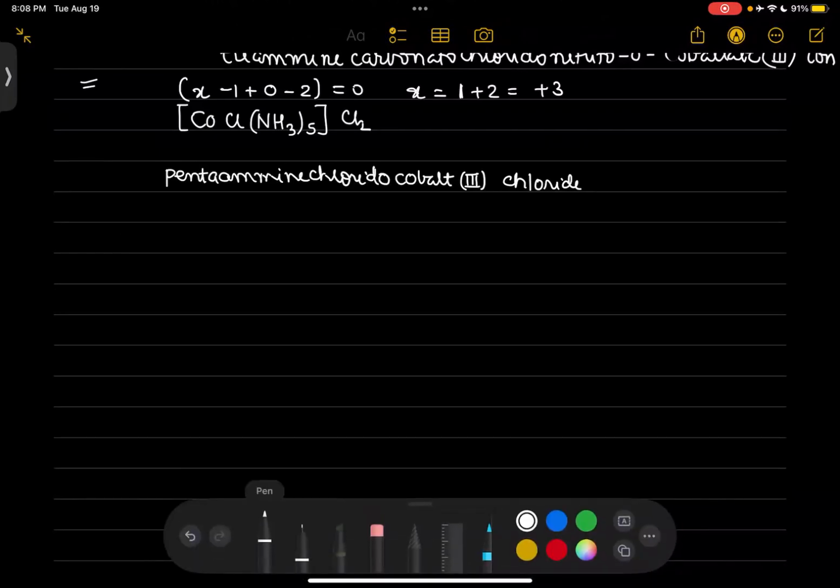sodium tetrathiocyanatocobaltate(II). So how am I going to write the formula?